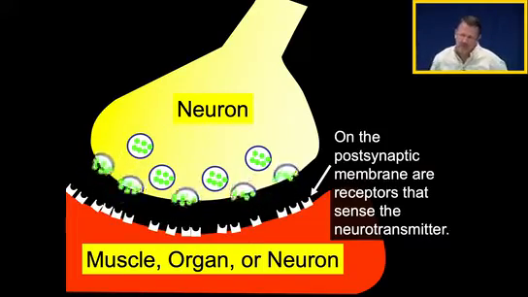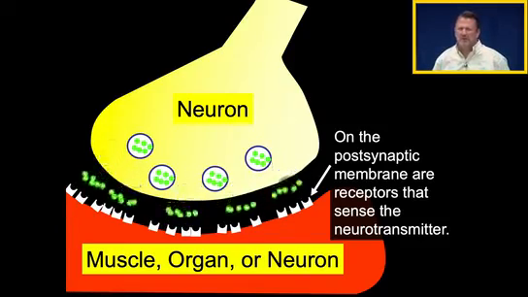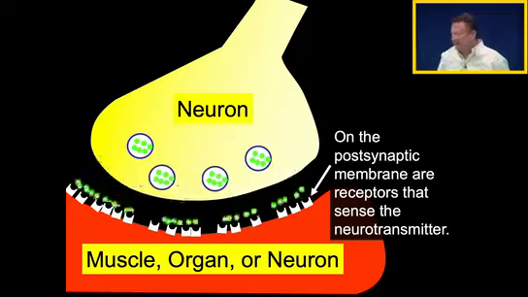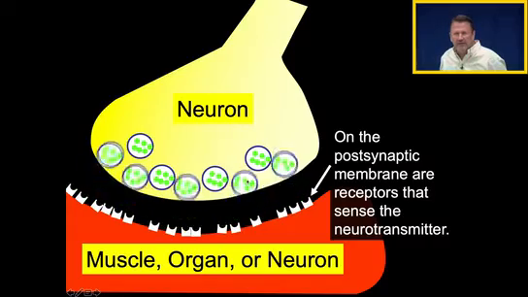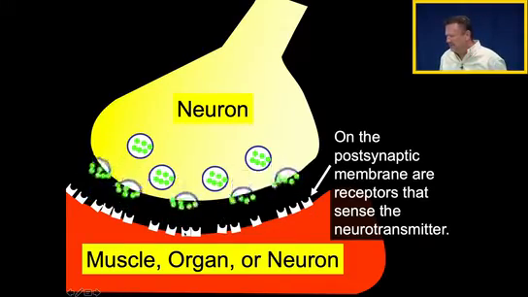All right, so on this postsynaptic membrane are receptors that sense the neurotransmitter. If you remember the lock and key lecture that we gave in 1.3, here these little keys are being released from this neuron, and those little keys are finding the place where they fit perfectly in the postsynaptic membrane.